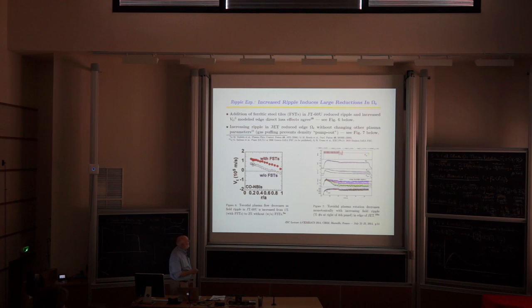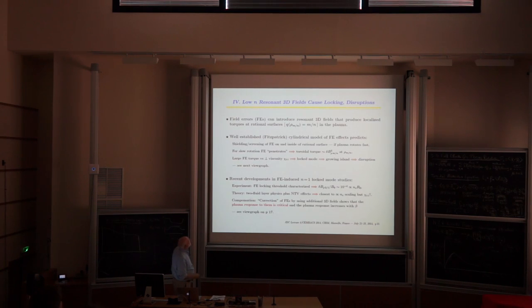So, okay. Now, I've not directly talked about it, but we have these low-order field errors. So you build a device, and you typically have 1 part in 10 to the 4 of a resonant perturbation, okay? And what happens?